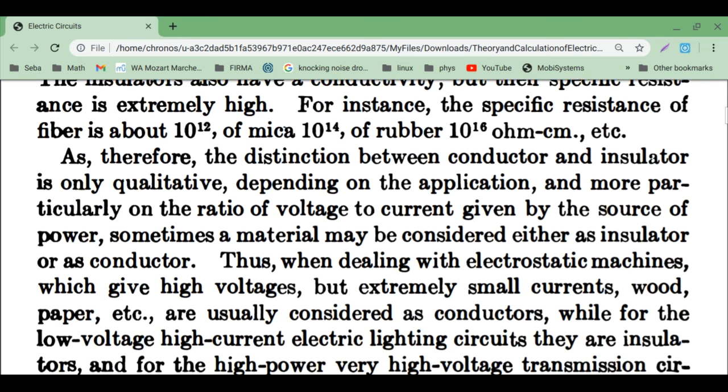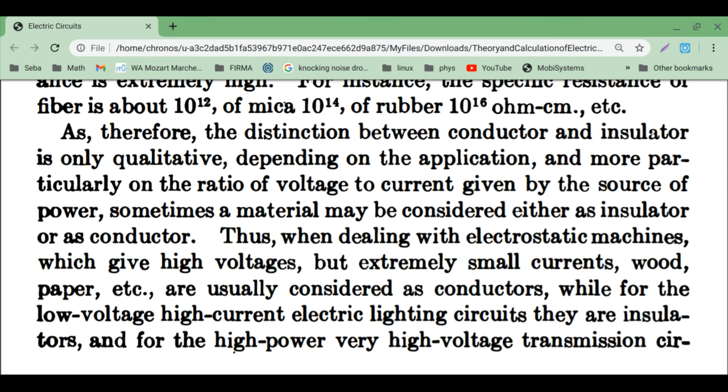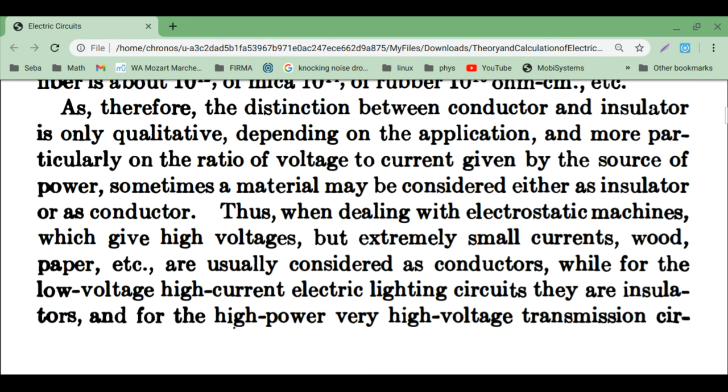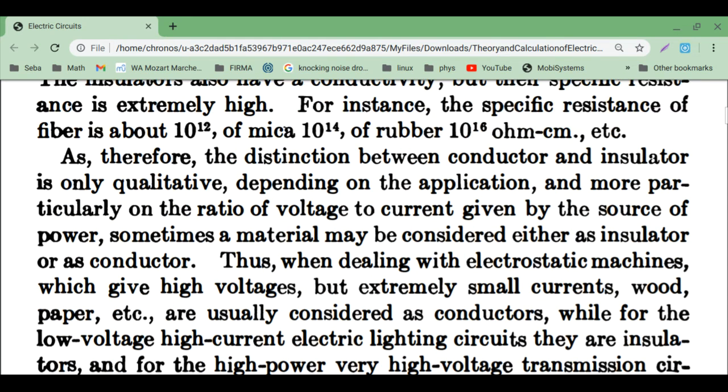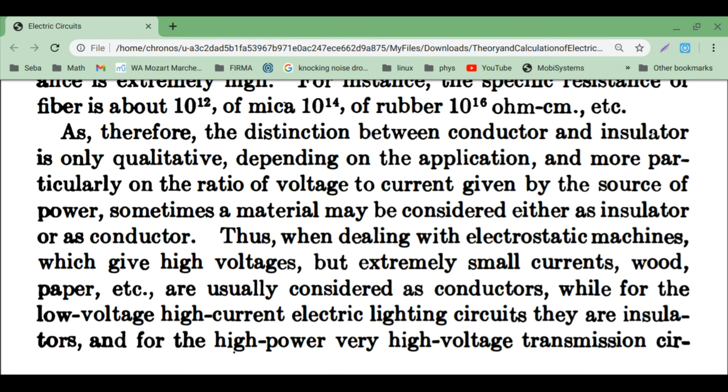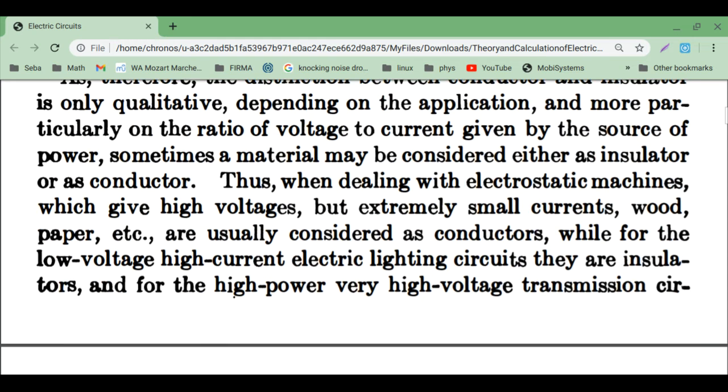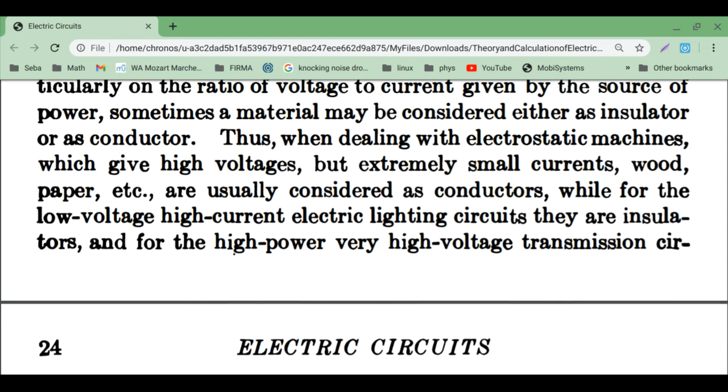Therefore, the distinction between conductor and insulator is only qualitative, depending on the application and more particularly on the ratio of voltage to current given by the source of power. Sometimes a material may be considered either as insulator or conductor, as when dealing with electrostatic machines, which give high voltages with extremely small currents.